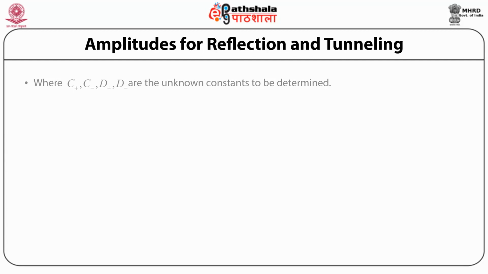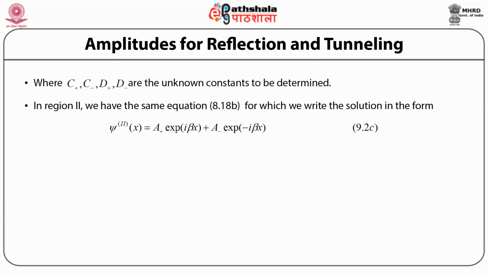In region 2, we have the same equation as equation 18b in the previous module, for which we write the solution in the form psi of x in region 2 is equal to A plus into exponent iota beta x plus A minus into exponent minus iota beta x, so that it appears similar to equations 2a and 2b.